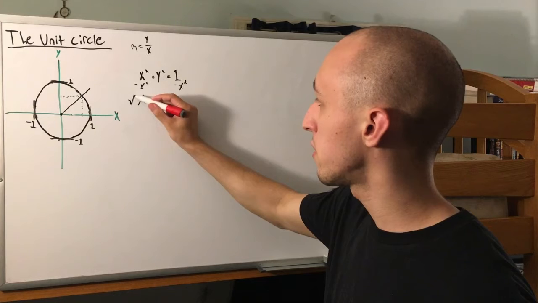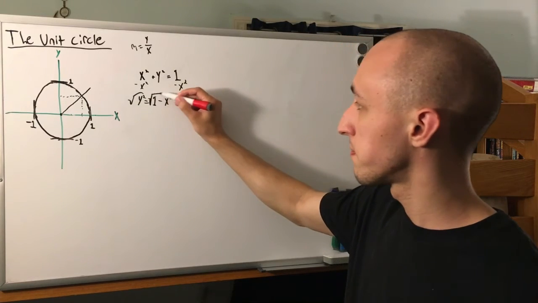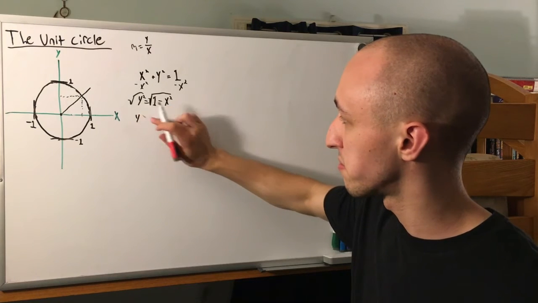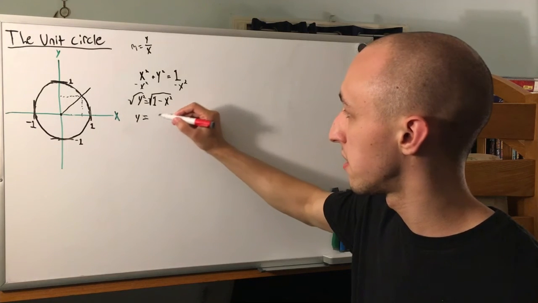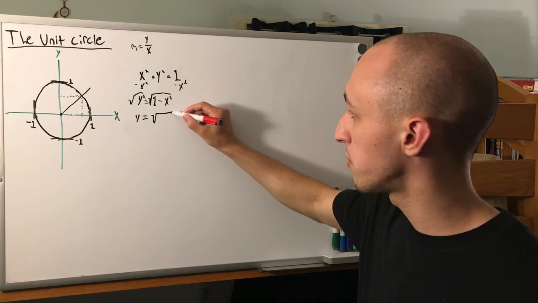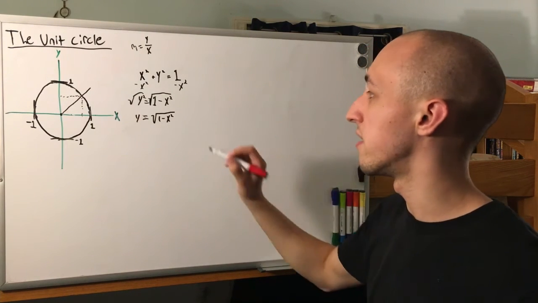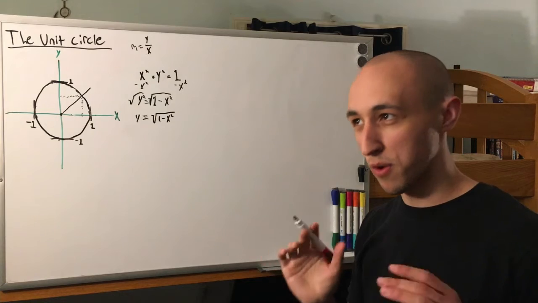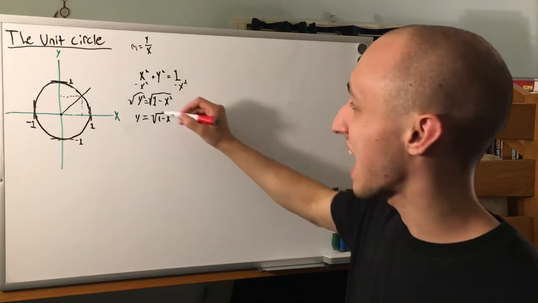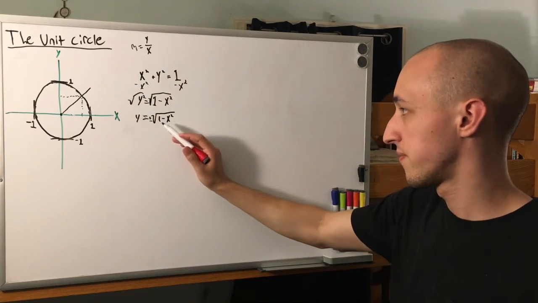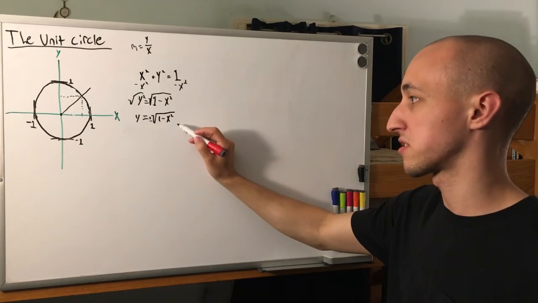We can take the square root of both sides, like that, and we get y equals the square root of 1 minus x squared, okay? Now, of course, it's actually y equals plus or minus the square root of 1 minus x squared.